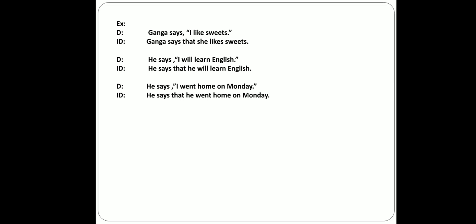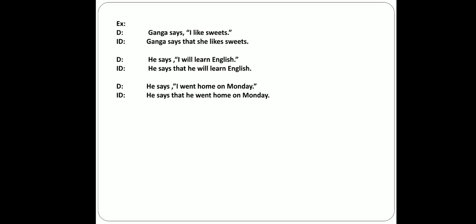The second example: He says, "I will learn English." He says that he will learn English. There is no change in the tense. Third example: the first sentence is in present tense and the second sentence is in past tense.